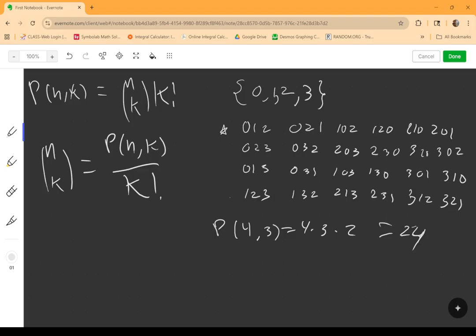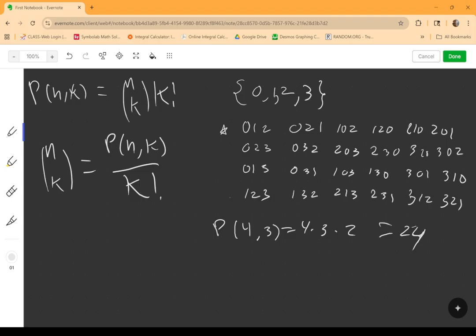Okay, so now we want to think about what happens if we group by 3 digits. It doesn't matter which 3, whether it's 0, 1, 2, or 0, 2, 3, or 0, 1, 3.